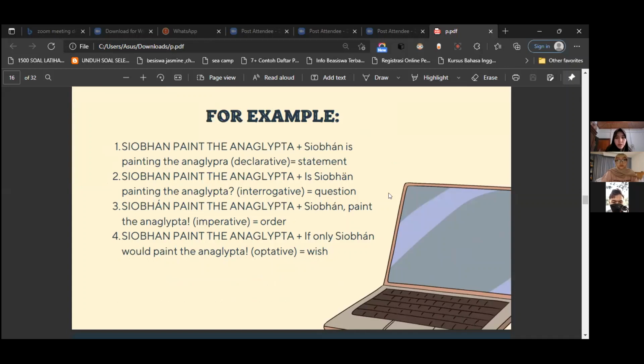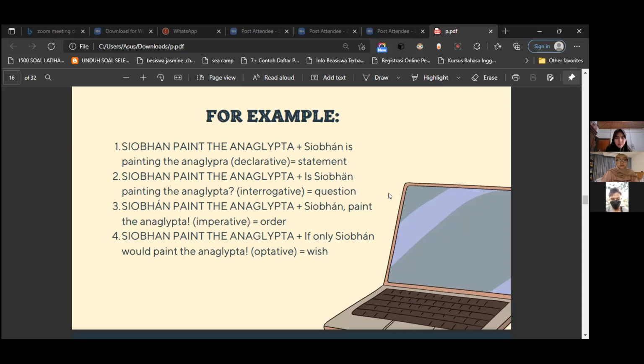For example, Siobhan paint the anaglypta. Siobhan is the person's name, and anaglypta is something like a wallpaper pattern. So here, Siobhan is painting the anaglypta is a declarative statement, which makes the sentence clear. The second example is Siobhan paint the anaglypta plus, is Siobhan painting the anaglypta?